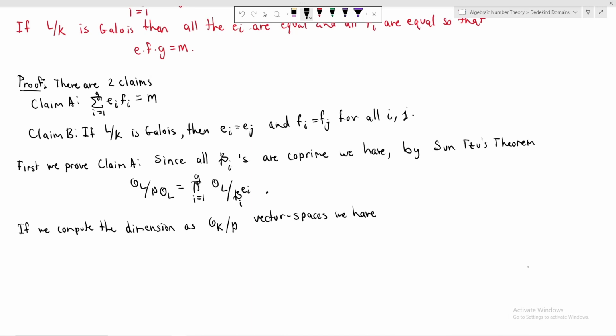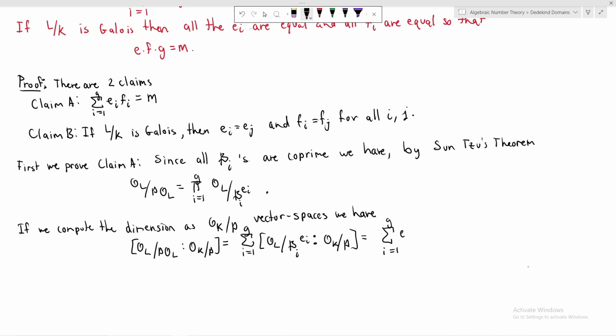If we compute the dimension on both sides, well, we know how vector space dimension acts over products, so we essentially get O sub L mod P O sub L. So the dimension of this space is, well, it'll be the sum of the dimensions on the right-hand side, O sub L mod P sub I to the E sub I over O sub K mod P. And here we can use the lemma we proved in the last lecture.